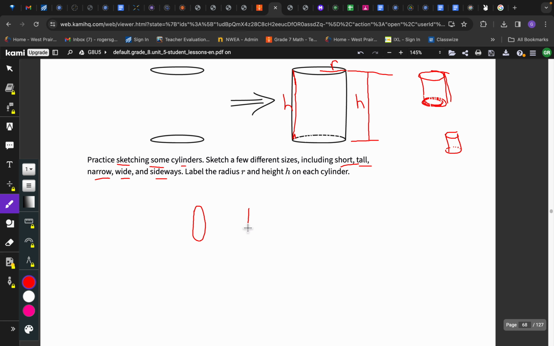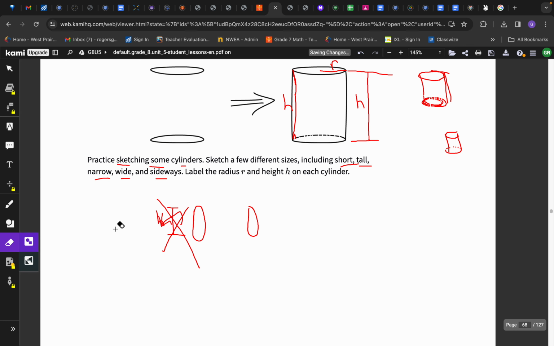Now it also said do some sideways, so we could technically do it like this, but guess what? If I did it like this, the height is not from there to there. That is not the height. That was an H, by the way. Holy cow, that's definitely not an H still. That is not the height.